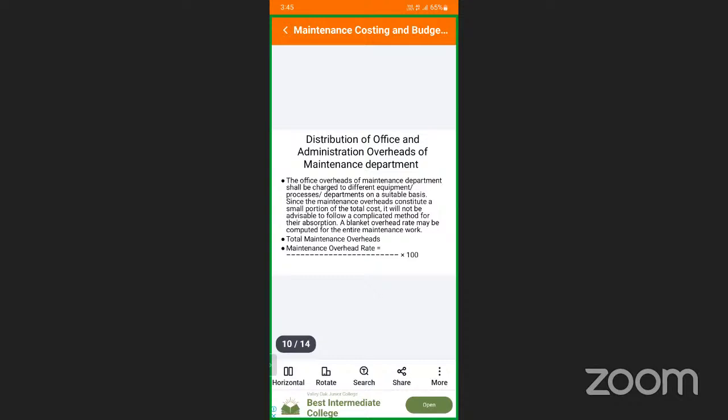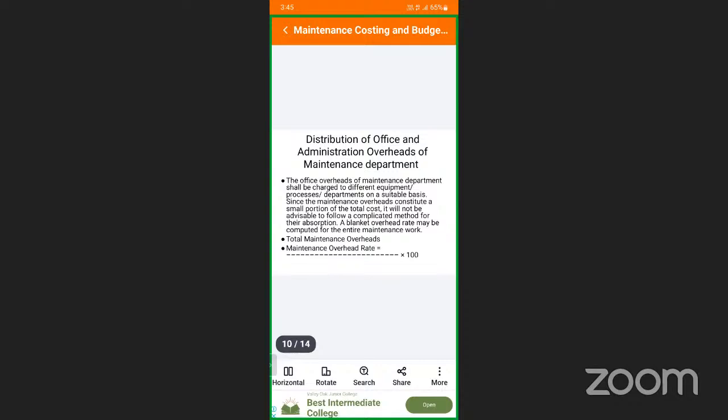So maximum cost should be apportioned to that department, because those people are using the lift more. So the more cost has to be borne by them. So what is the suitable basis? Finding that out is very difficult.